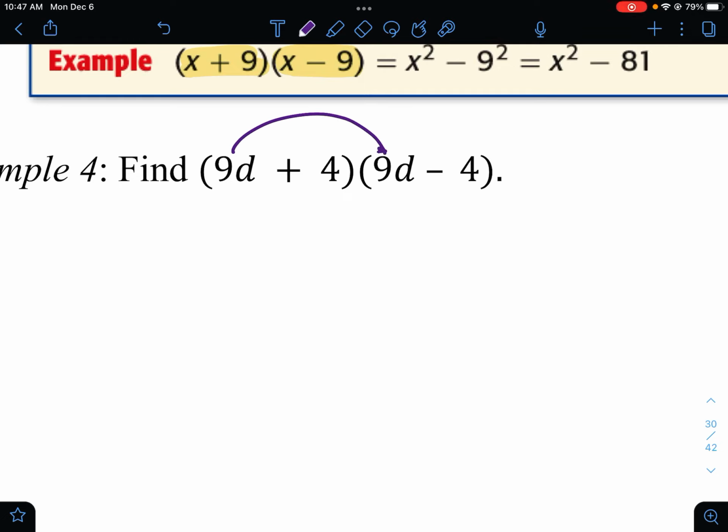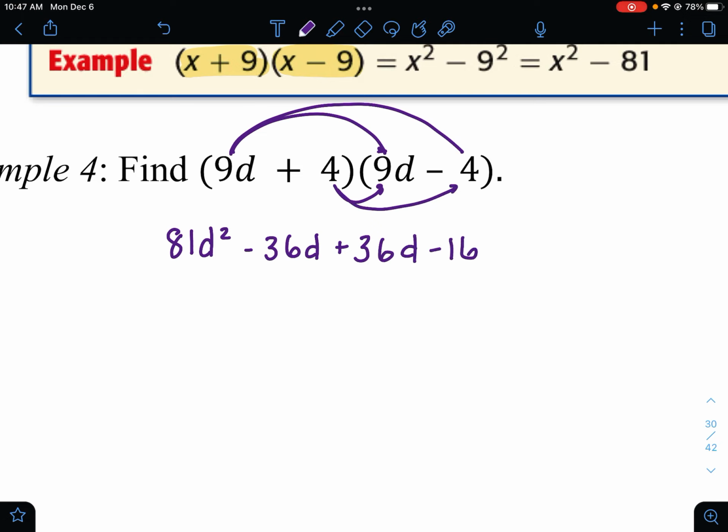So 9d times 9d is 81d squared minus 36d plus 36d minus 16. So now look at my two middle terms. We combine them together like always, but this time when I combine them, negative 36 plus 36, well, they just cancel, and I'm left with minus 16.